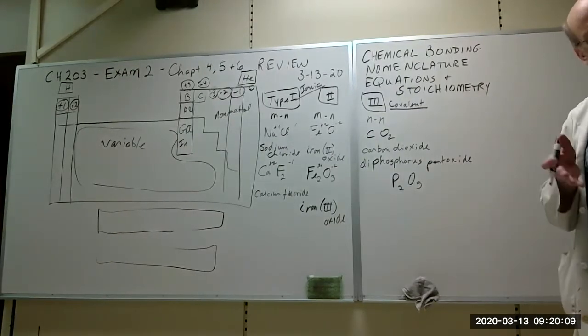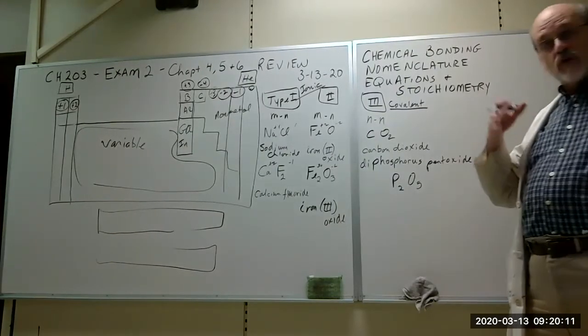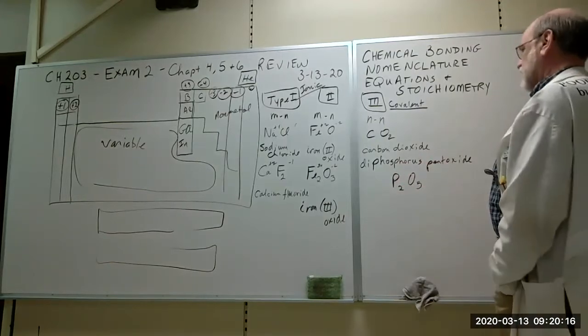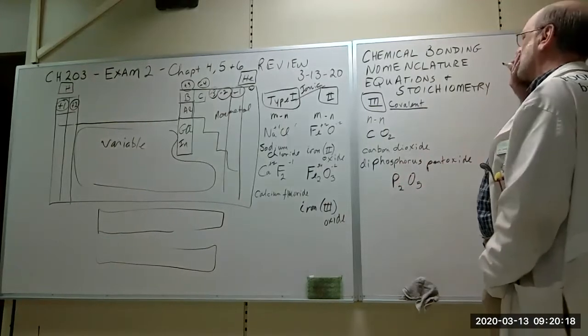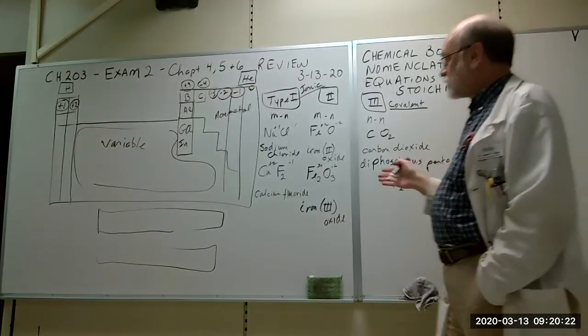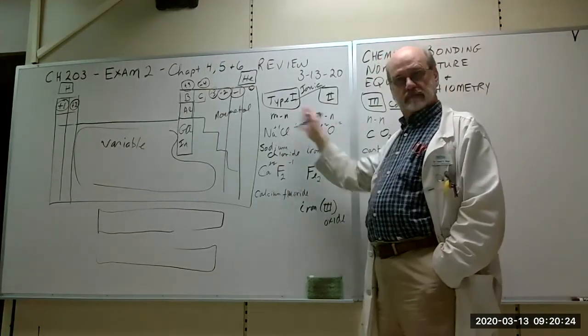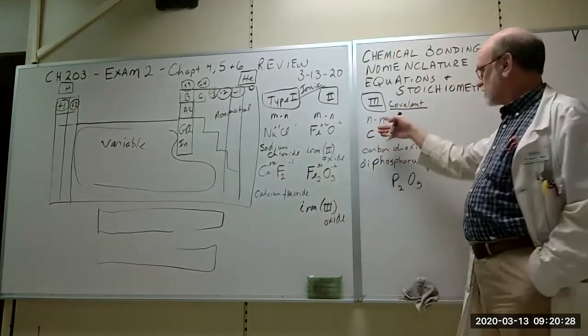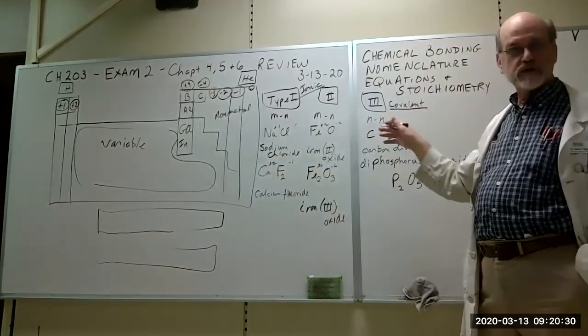Once you know the name of the polyatomic, you know how to write it and you know its charge. And polyatomics always fit into one of these. You never have a polyatomic with this convention. It's always a 1 or a 2.